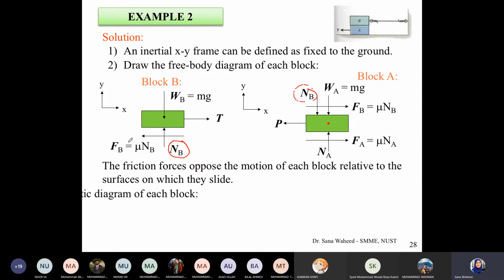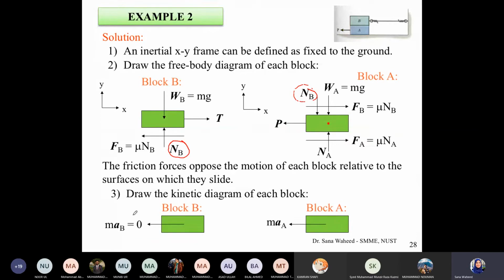Perfect. So we've got that, and then the kinetic diagram of each block. Now, as we can see, B has tension, as there is a cable attached to it. The tension can keep increasing to resist its motion. So basically, B stays at rest as it is, whereas it's only A which might potentially slide.